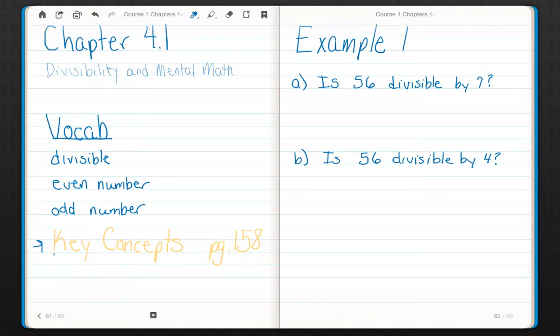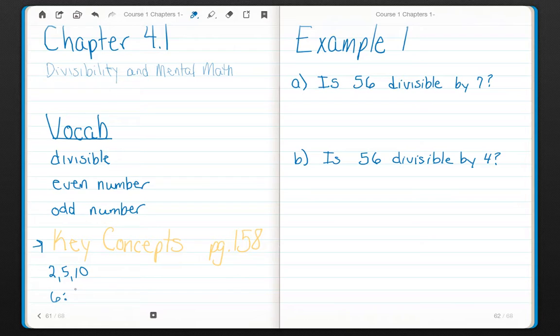Okay, specific divisibility rules. You guys are all very familiar with basic divisibility rules for 2, 5, and 10, but what about some of those other numbers, like 3 or 9? One that your book does not mention is the divisibility rule for 6, so I'm going to add it down here.